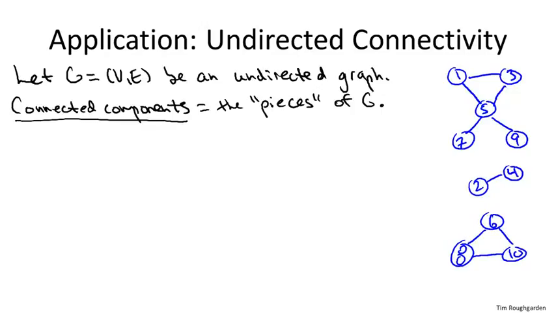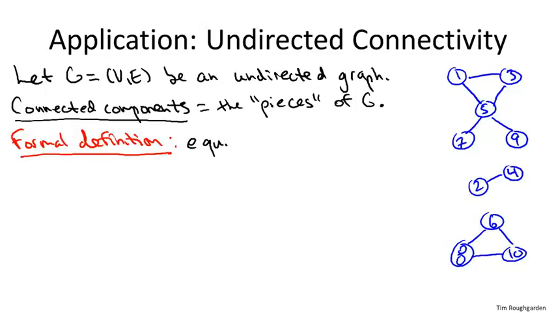Now the slick way to do this is using an equivalence relation, and I'm going to do this here in part because it's really the right way to think about the directed graph case, which we'll talk about in some detail later. For undirected graphs, this isn't super important, but let me go ahead and state the formal definition just for completeness. What do I mean by a maximal region that's mutually connected?